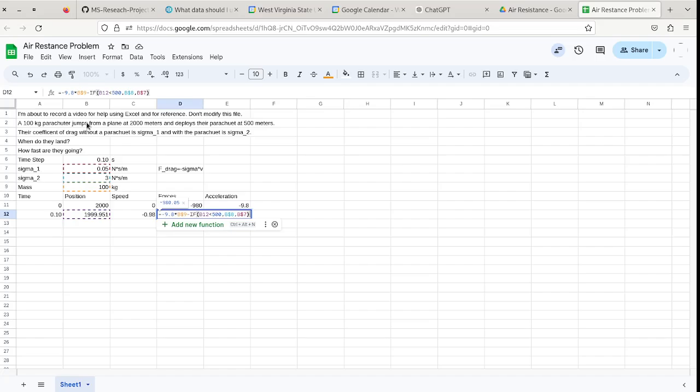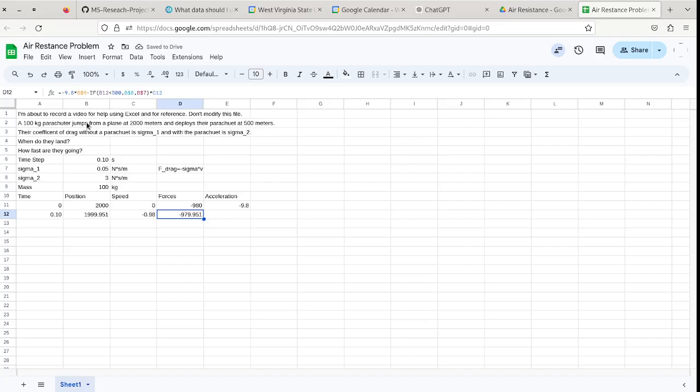So if the person is lower than 500 meters, then they get to have their big sigma, and if they're higher than 500 meters, then they get the small sigma. And then I'm going to multiply by their speed in C12.